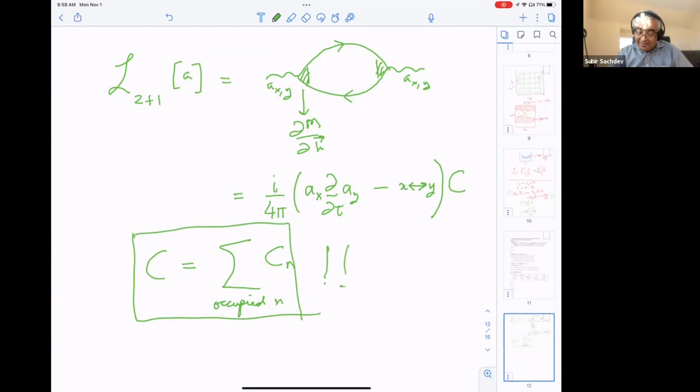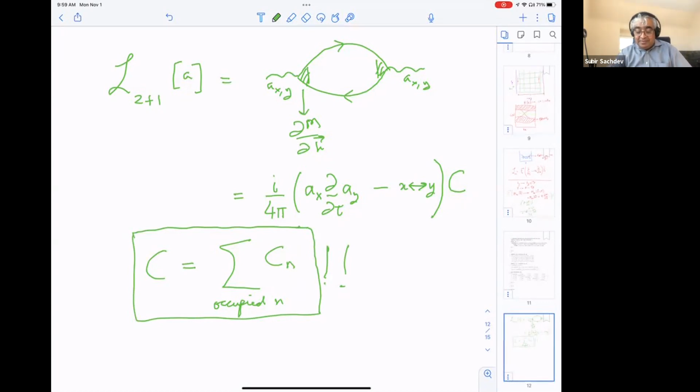That's a really important result. This kind of term is called a Chern-Simons term in the field theory literature, and the coefficient of the Chern-Simons term for the internal gauge field of the chiral spin liquid is just the sum over the Chern numbers of the occupied bands.